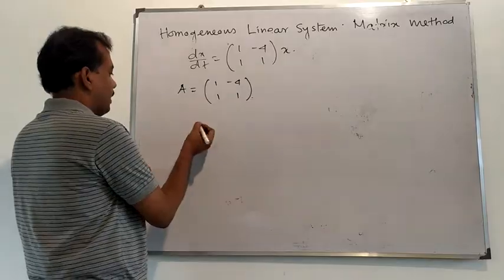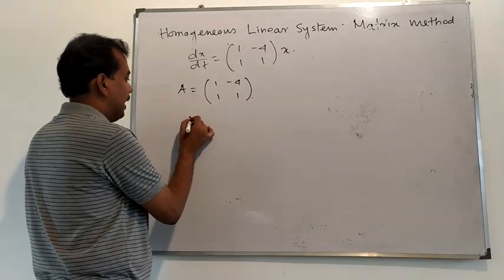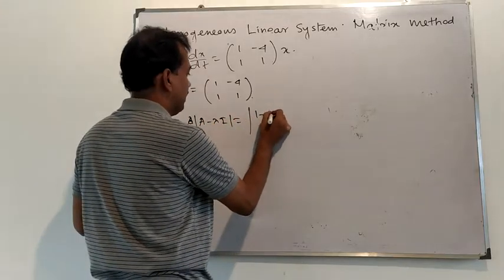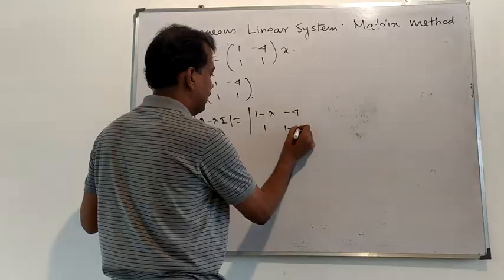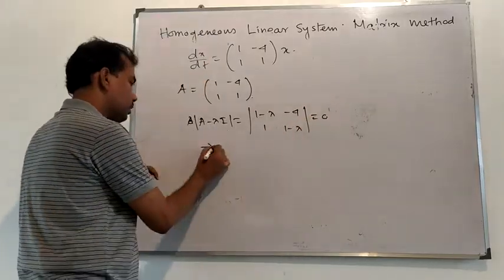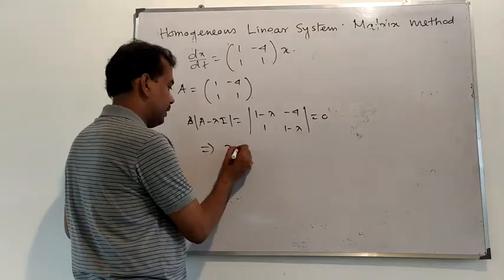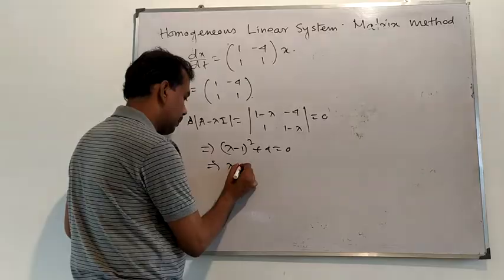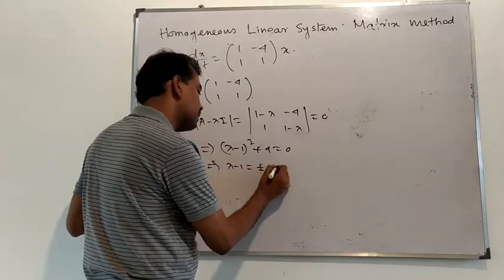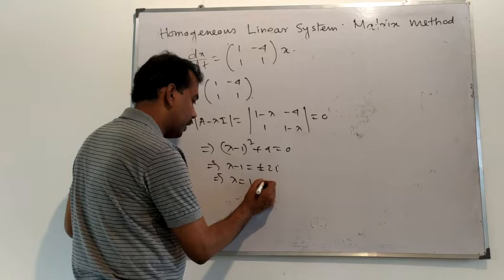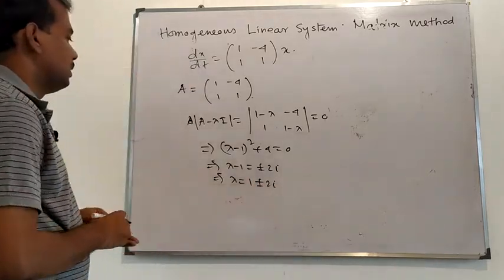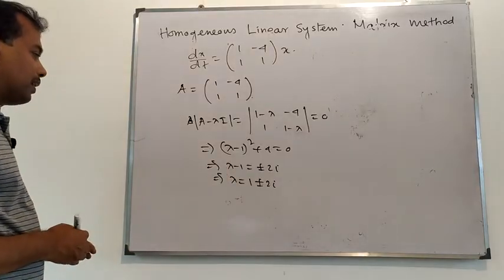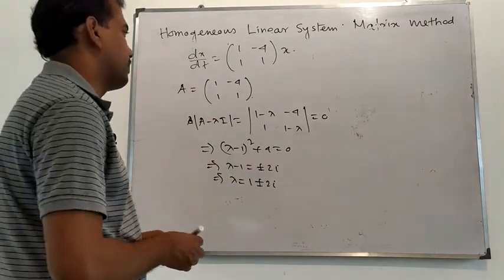So determinant of A minus lambda I is equal to (1 minus lambda, minus 4; 1, 1 minus lambda), this is equal to 0. So (lambda minus 1) whole square plus 4 is equal to 0, lambda minus 1 equal to plus minus 2i. So lambda equal to 1 plus minus 2i. So we get two eigenvalues, 1 plus minus 2i, they are complex conjugates.